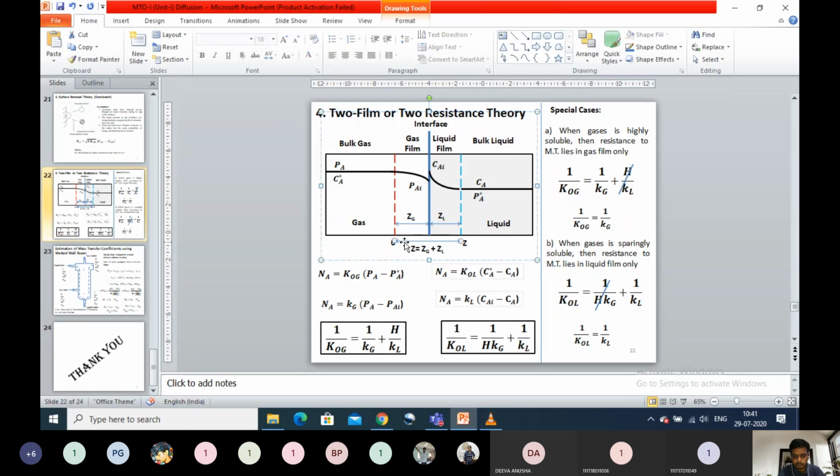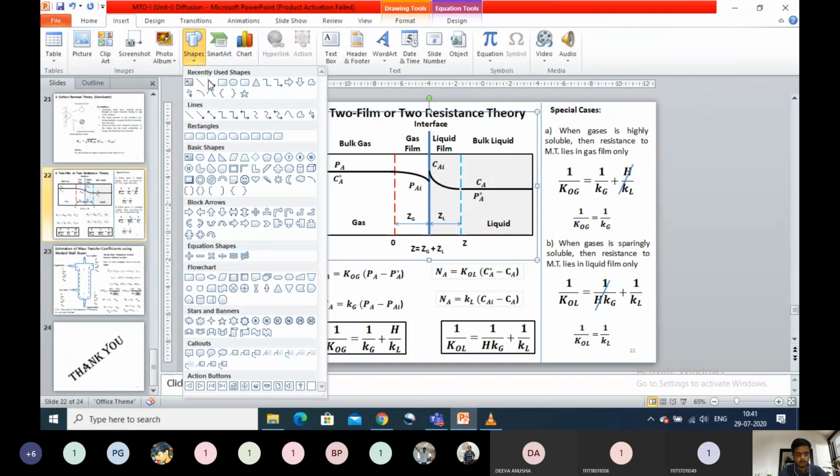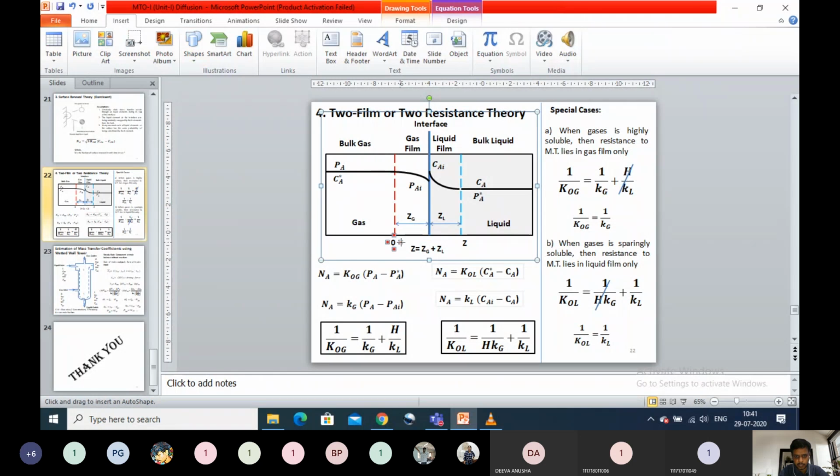This is not a double-headed arrow; it starts from here to here.